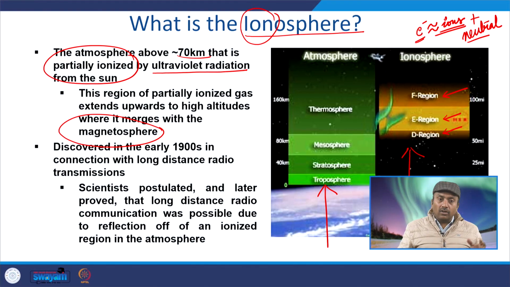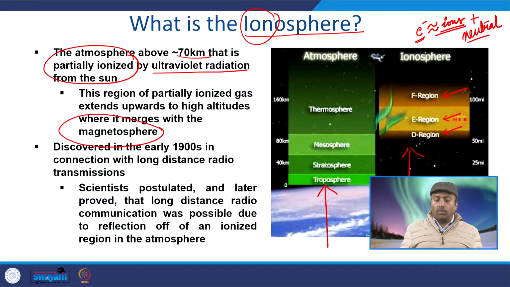It is a bubble which has been formed by the solar wind. When the solar wind interacts with the magnetosphere, there is only a limit up to which the solar wind can enter into the proximity of the Earth. This limit is decided by the strength of the Earth's magnetic field.